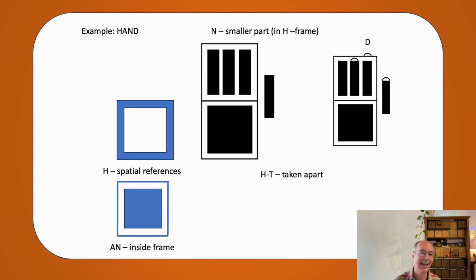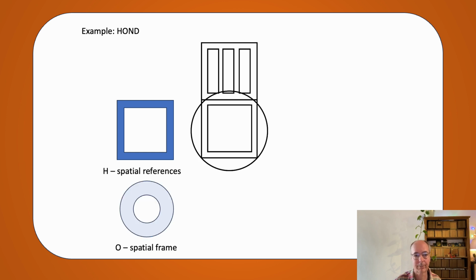If I use the A or the O, it will make a different frame. I take the same spaces of H here as well, but combine them with the O. Then we already have a different idea.